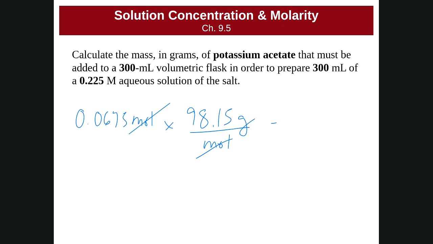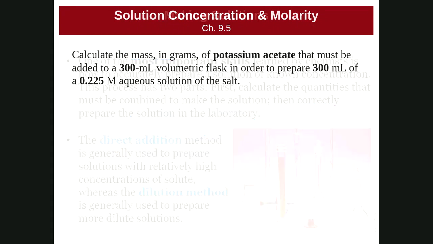And we find that we need 6.63 grams of potassium acetate to make that solution. So you just want to keep track of all your units so that when you multiply, you can cancel things out and end up with the one that you're looking for. So mass in grams.